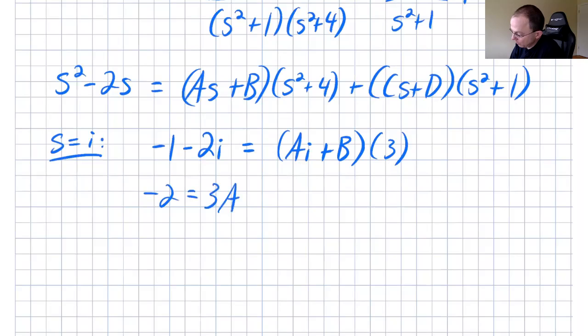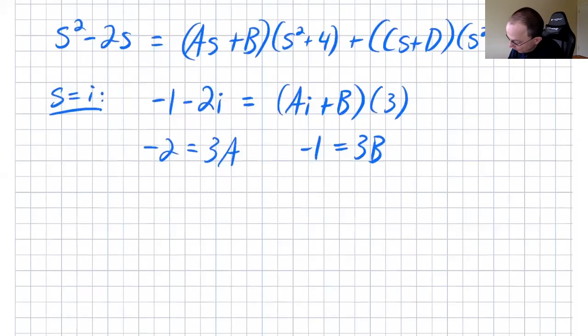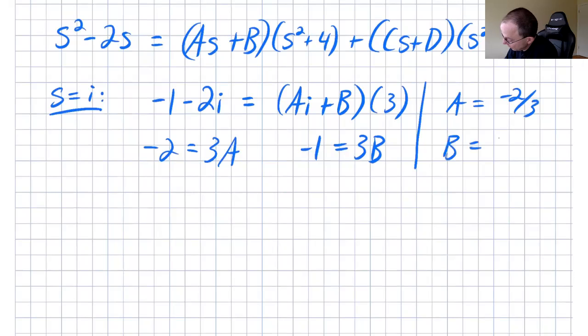And then for the real component, we have -1, and on the right we have 3B. So we have -1 is equal to 3B. So now we can solve for A and B. So A is equal to -2 over 3, and B is equal to -1 over 3.